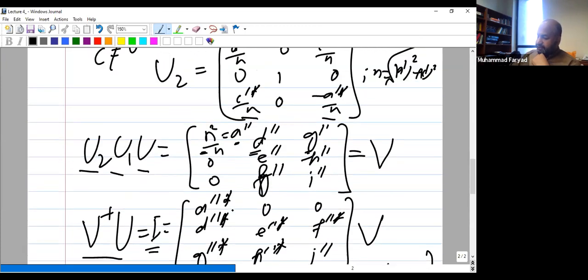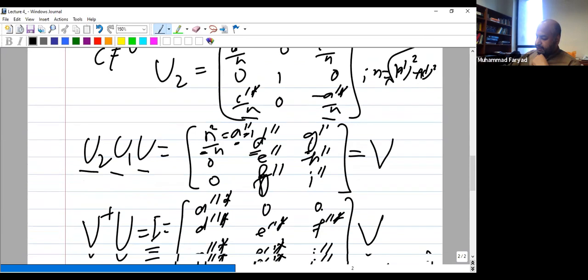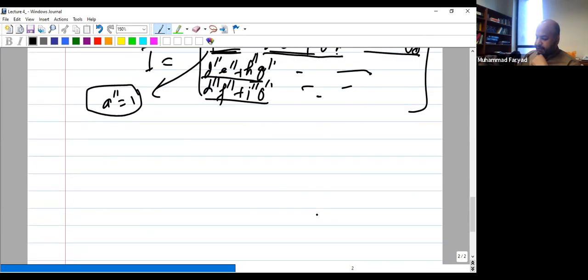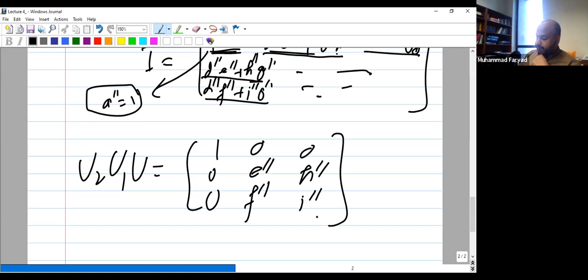So this is 1, and if this is 1, then this has to be 0, this has to be 0, so that the row is normalized. And that means that we now have a structure for U2, U1, U, which is like this. There are some A, B, C, D, E, F, H, I.